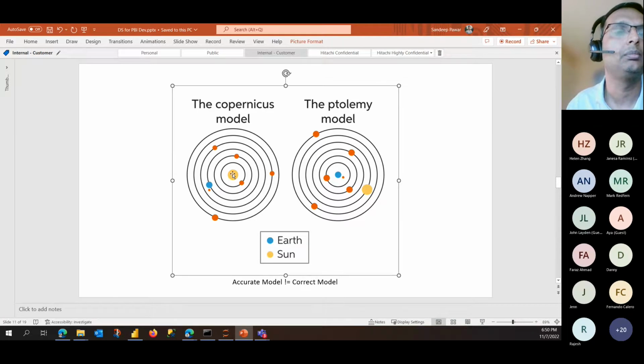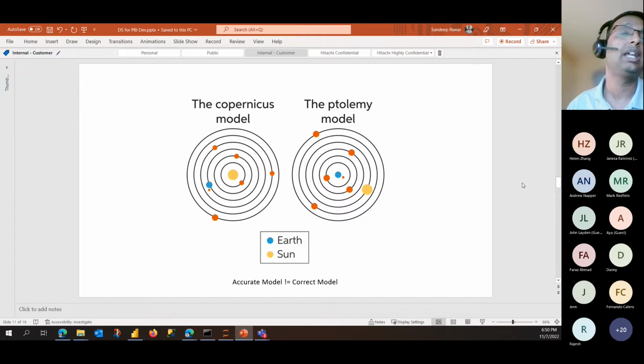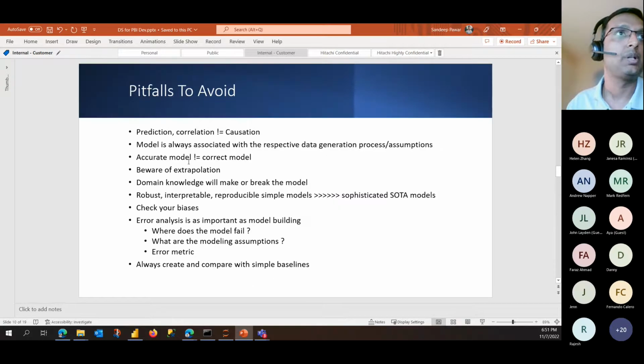Copernicus said that the Sun is at the center of our solar system, and then he predicted how the other planets move. Ptolemy, on the other hand, had a different approach, and he said, no, Earth is at the center, and the Sun is actually revolving around us. And then they came up with exact calculations. Both of them were able to predict how Saturn, for example, changes its position relative to Earth. But we obviously know which one of these two models is correct, right? So if somebody says their model is correct and their predictions are correct, that doesn't necessarily mean it is correct.